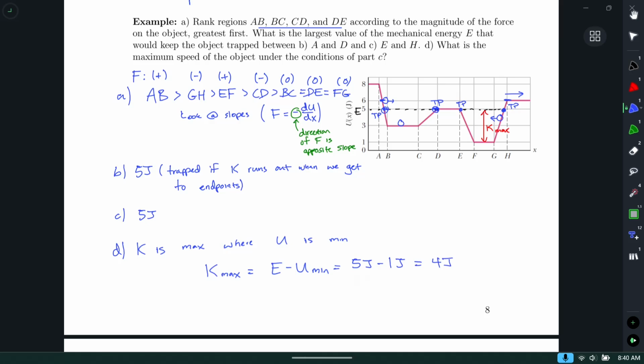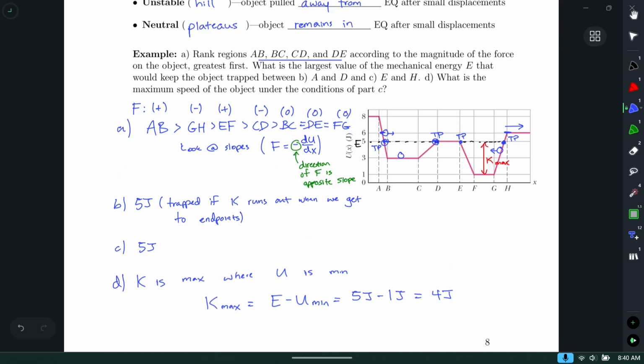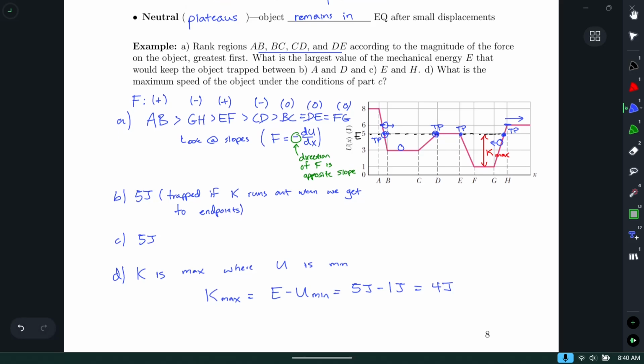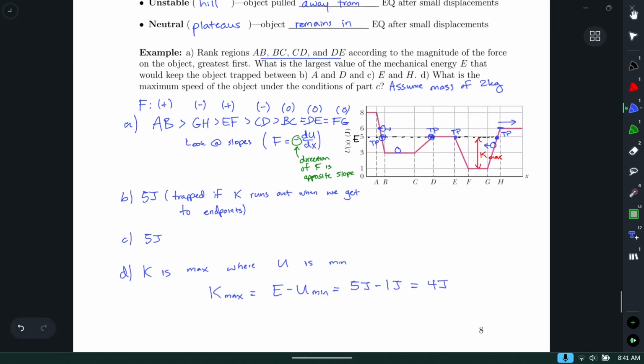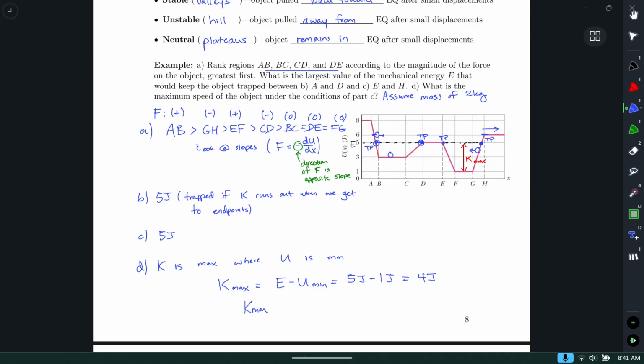All right, and now I just need to finish out by saying, how fast is this thing going? Well, I guess I must have cut out the mass of this. Let's say this thing has a mass of 2 kilograms. Let's pretend that was in the problem statement. To finish out then, kinetic energy is 1/2 mv squared.